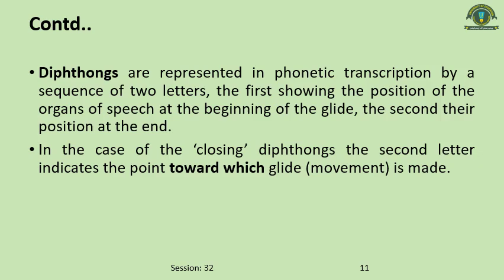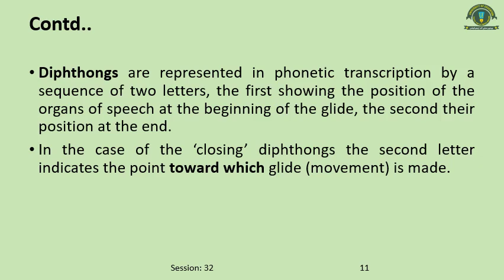Now it says that diphthongs are represented in phonetic transcription by a sequence of two letters. The first showing the position of the organs of speech at the beginning of the glide. There are two signs.